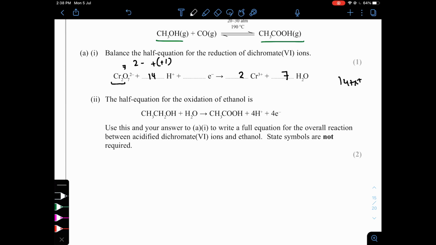We're adding 2 minus, 2 plus 14 pluses plus electrons, we don't know how many, it goes to 6 plus, right? So that means you have E minus goes to 6 plus 2 minus 14. That's E minus goes to 6 plus 2 is 8. 8 minus 14 is minus 6. So we have 6 electrons here. Okay, so that is the answer.